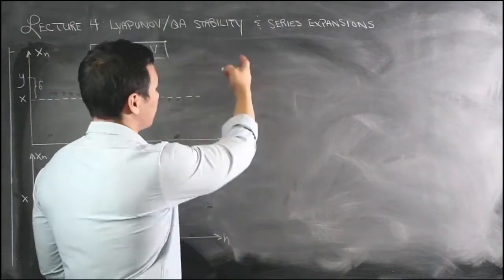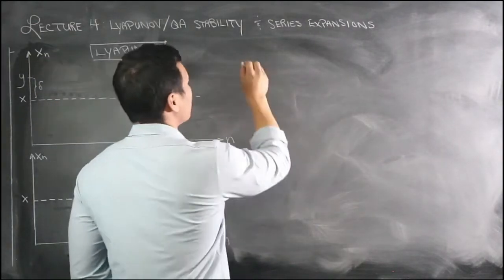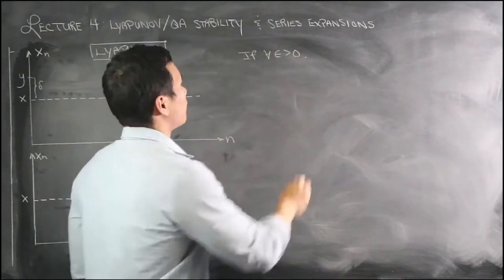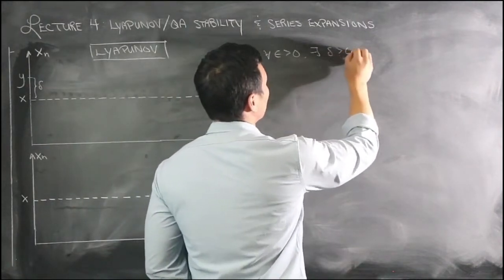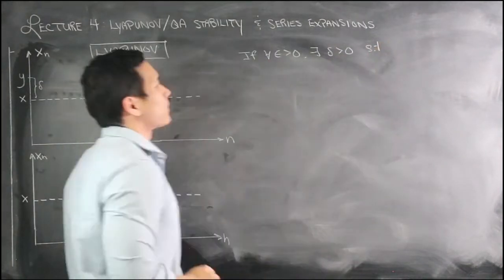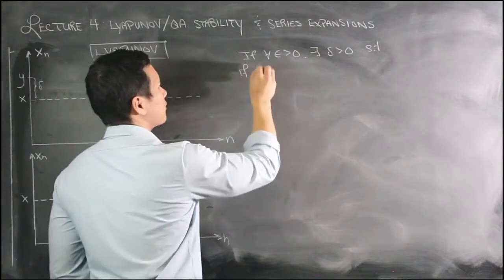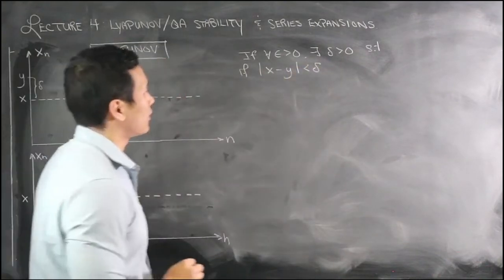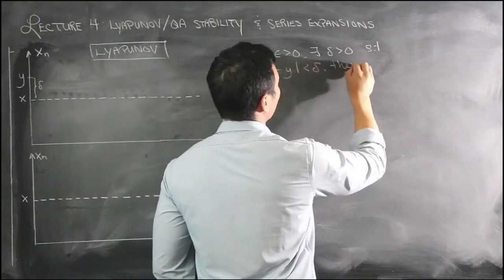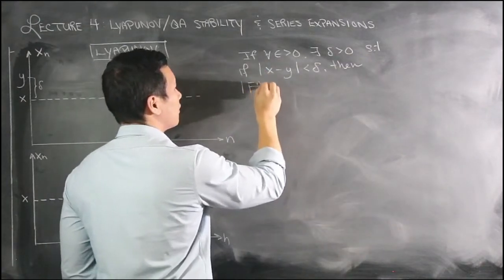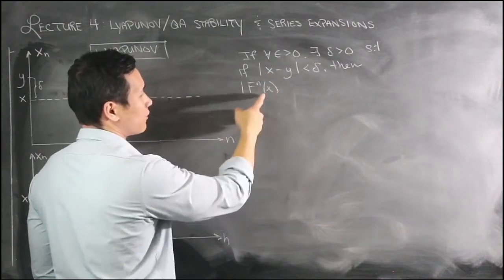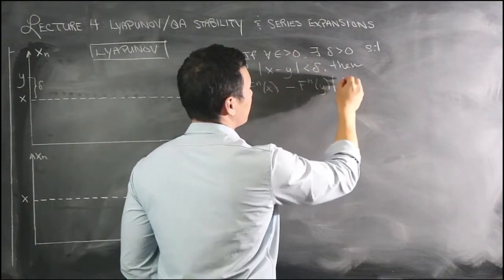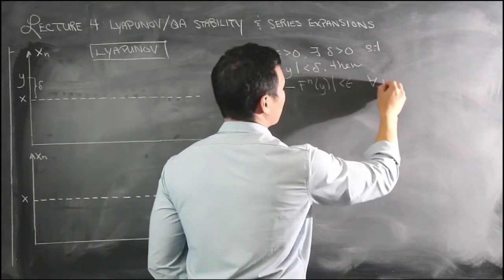So I'll write down the definition on the right here. Okay, so if for all epsilon greater than 0, there exists a delta greater than 0 such that if the distance between x and y is less than delta, right, then the distance of the nth iterate of the map on x minus the nth iterate of the map on y is less than epsilon for all n.